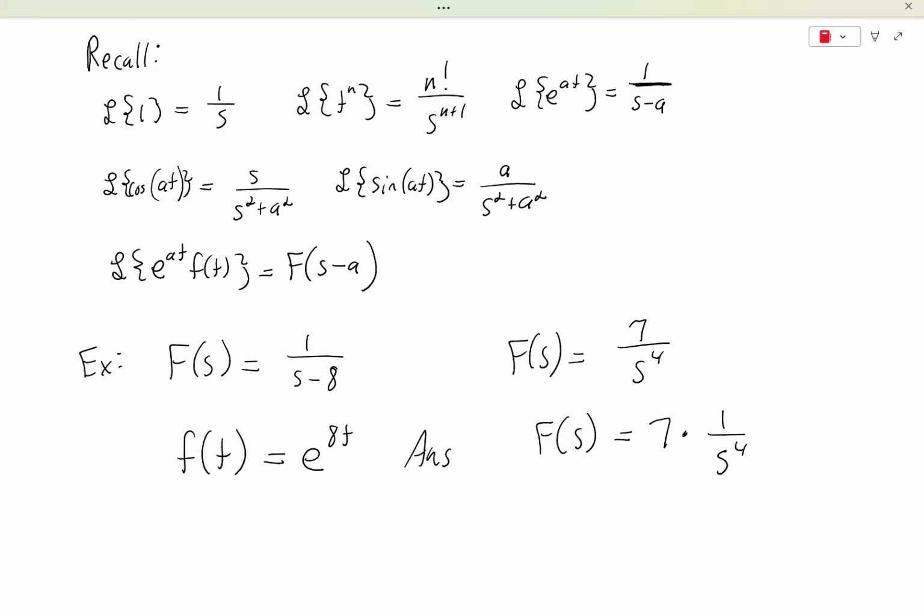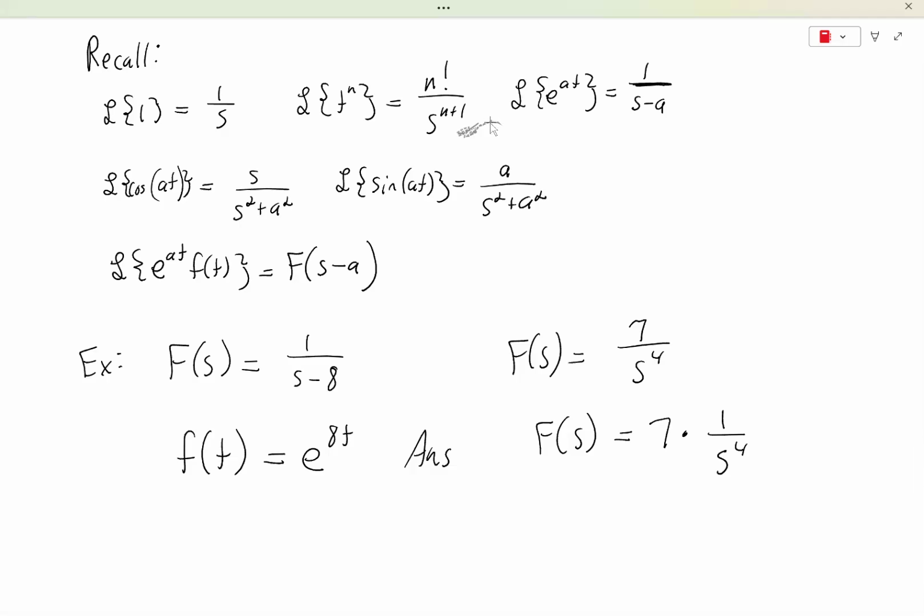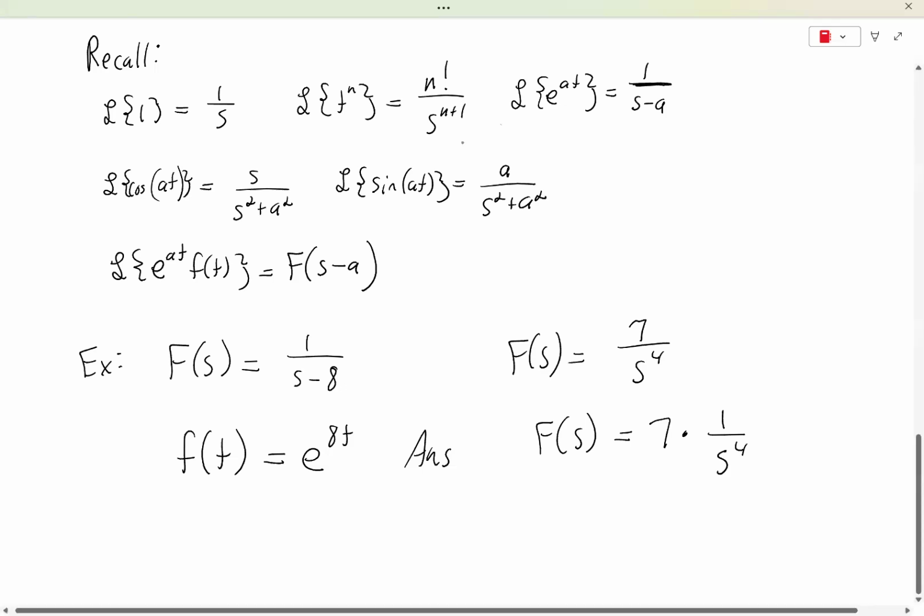It'd be nice if this were what number up here? If I make it look like this, it'd be nice if that were 3, because the 3 plus 1 would be the 4. It'd be nice if the n were 3.